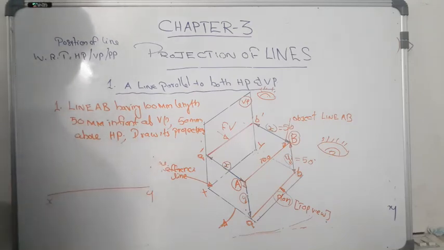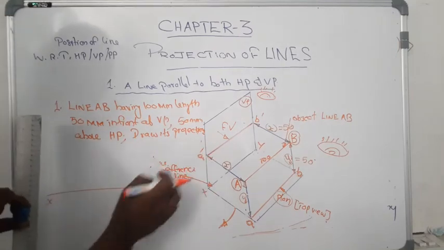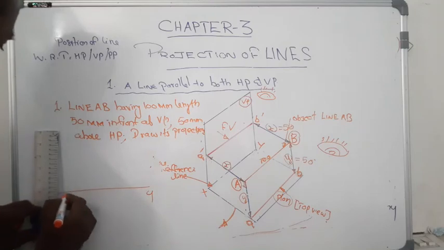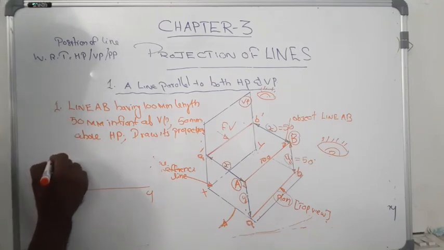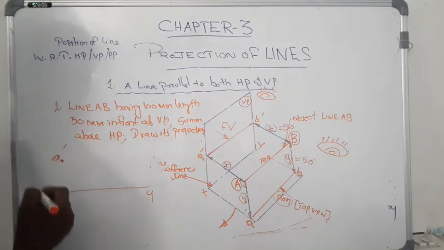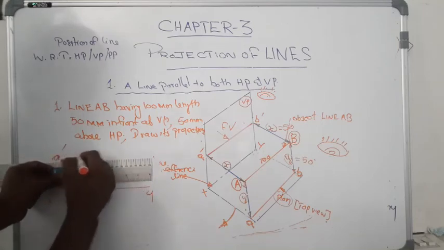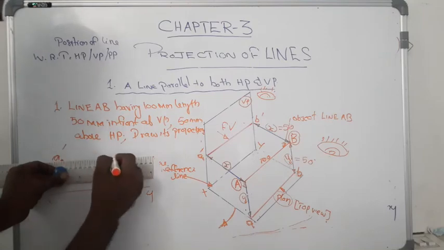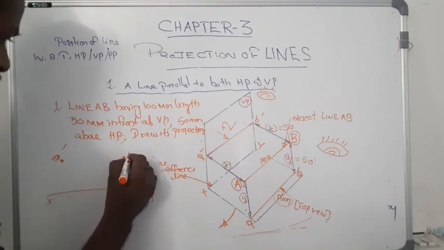Okay, now we have to draw the front view first. For projecting the front view, keeping 50 mm from here, put a point here. That point is represented by A dash, and from that we mark another point parallel to the XY line, keeping 100 mm length. This point is B dash.